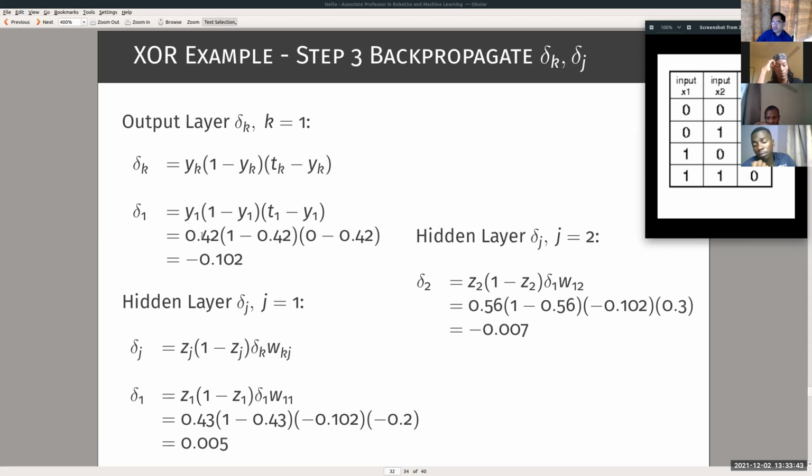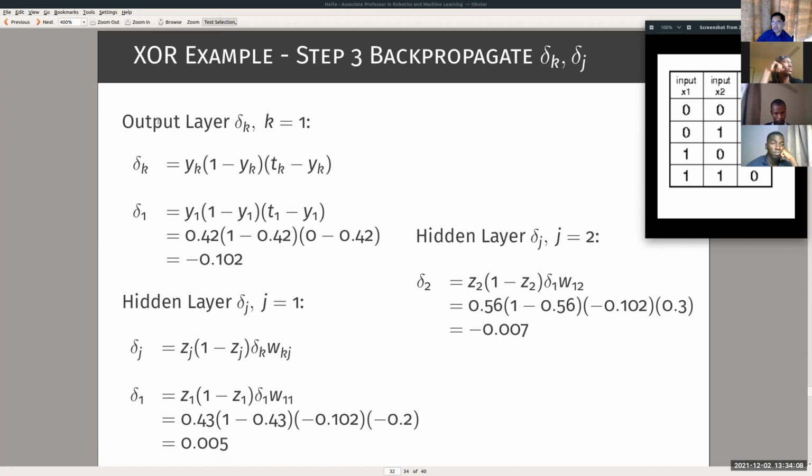Okay, now, this delta 1 is for the output layer, and for the hidden layer, your j is equal to 1 and 2, so you have a delta J1 and delta J2. So here your J is for Z1, 1 minus Z1, delta K, where delta K is that delta 1.